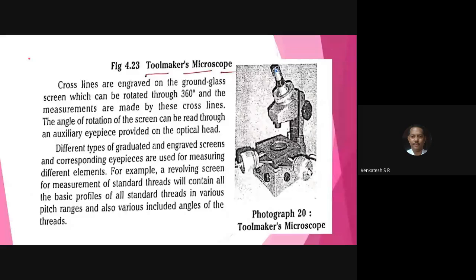Explain briefly with a neat sketch the tool maker's microscope. Put a question mark and continue the question.